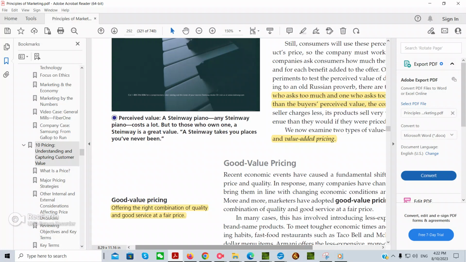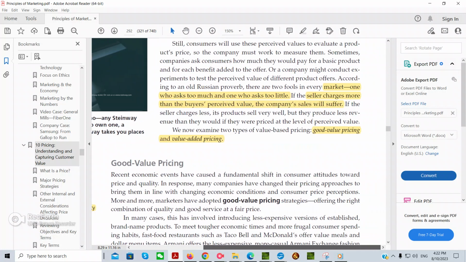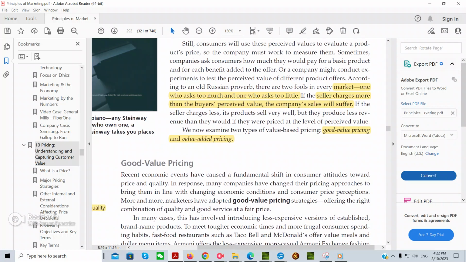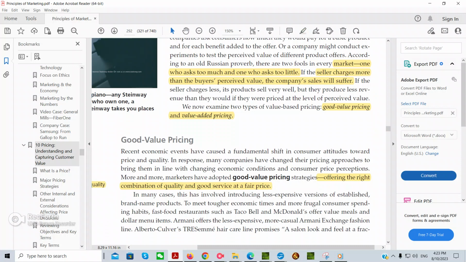Now, you may find something cheaper, but it doesn't give you all the benefits you need. Is this something you want to use? Something you're going to buy? And that's basically what it is. Basically, it's offering the right combination of quality and good service at a fair price. So, just as a reiteration.